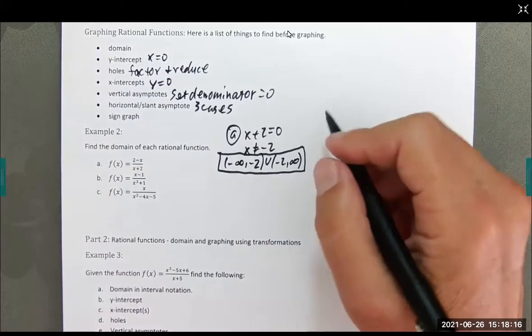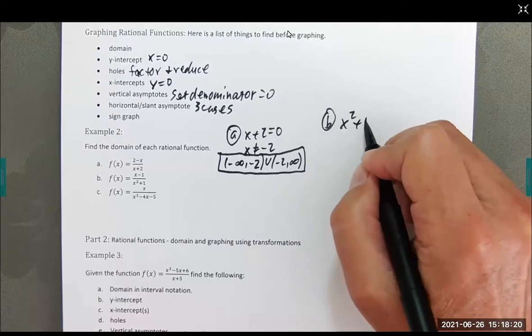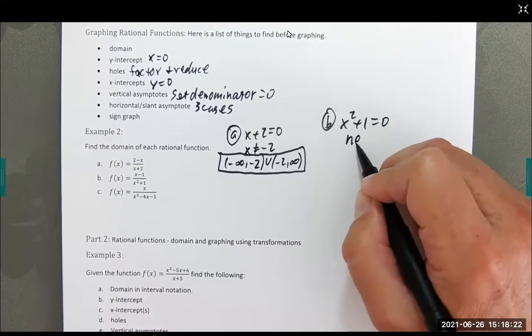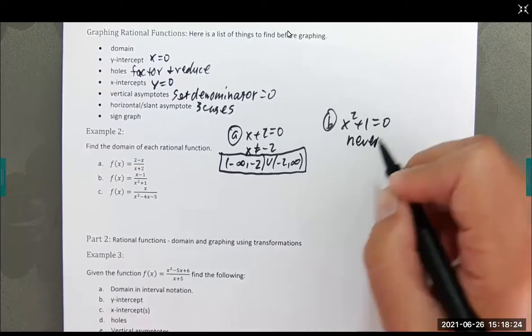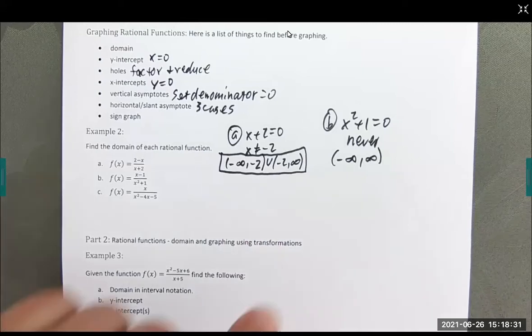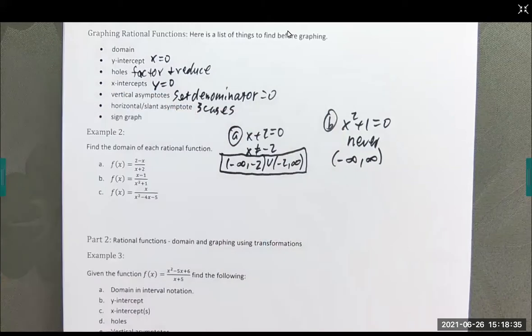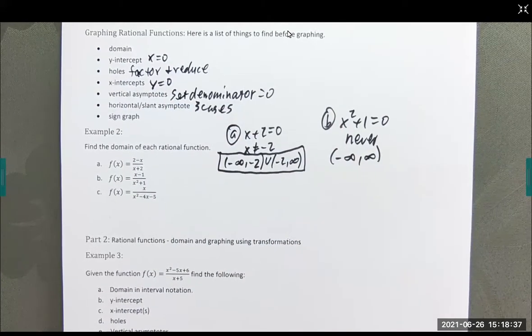Part B, x squared plus 1 equals 0, never. Now, if that was x squared minus 1, then we could factor it. But x squared plus 1 is always positive, because no matter what number we square, it's going to become positive. Then plus 1 is, again, going to be positive. So it's never going to be 0.